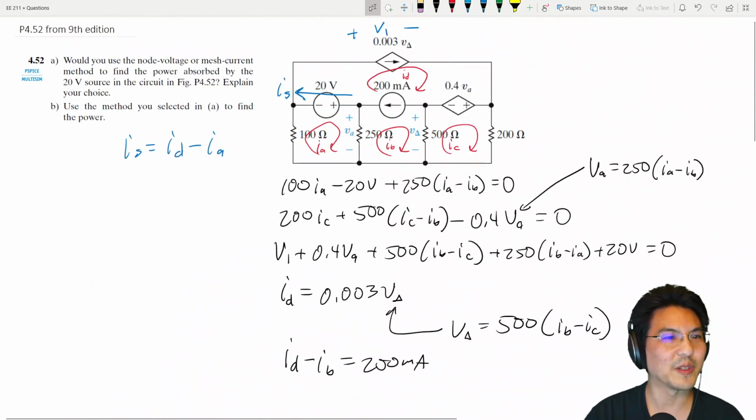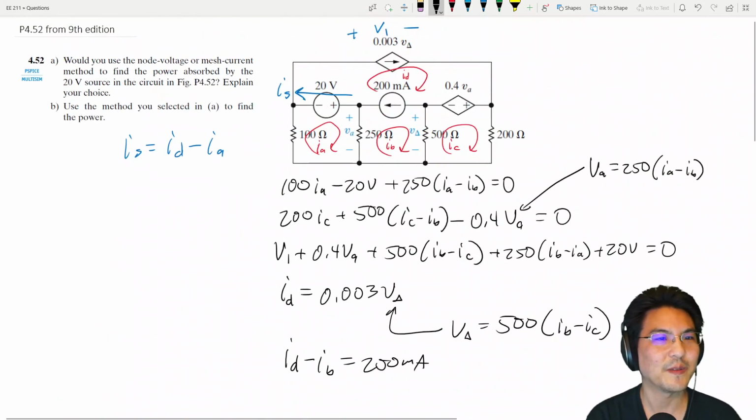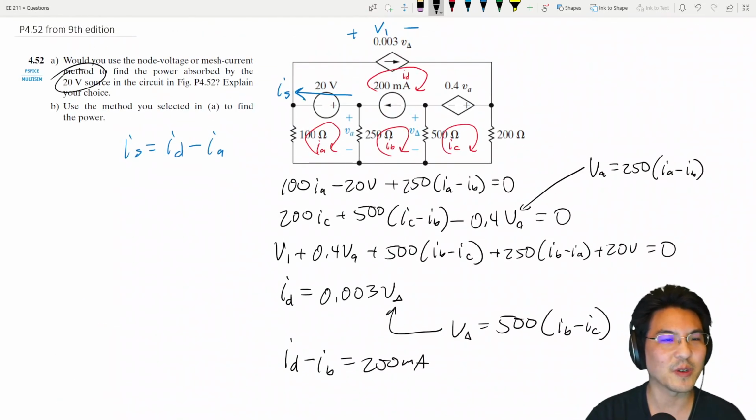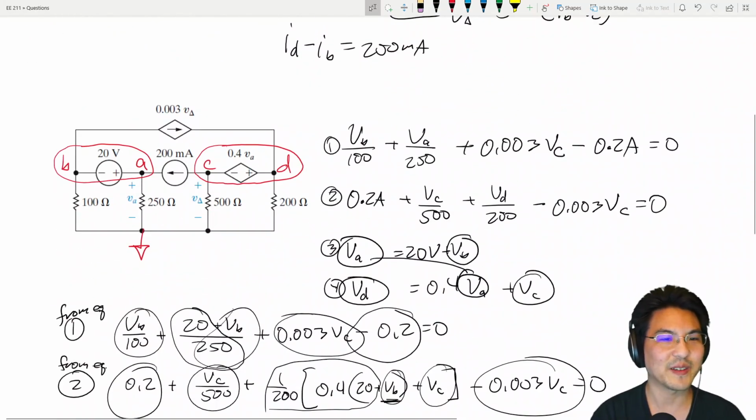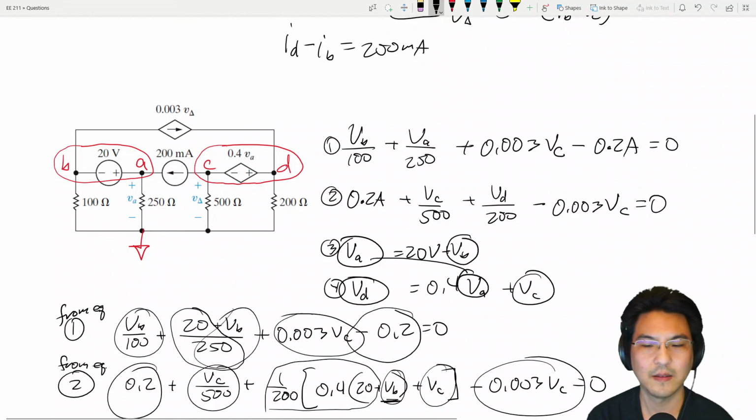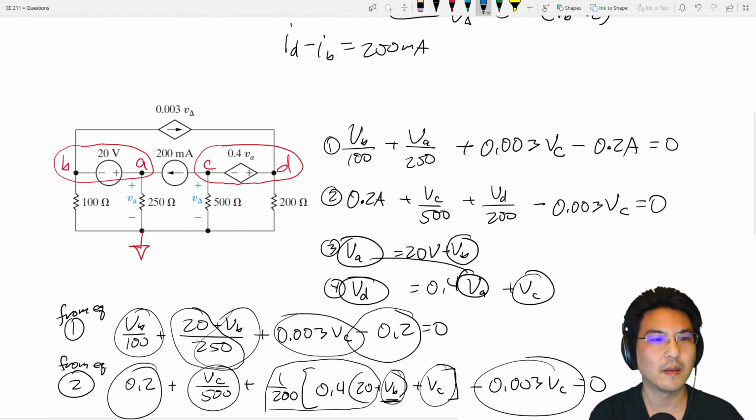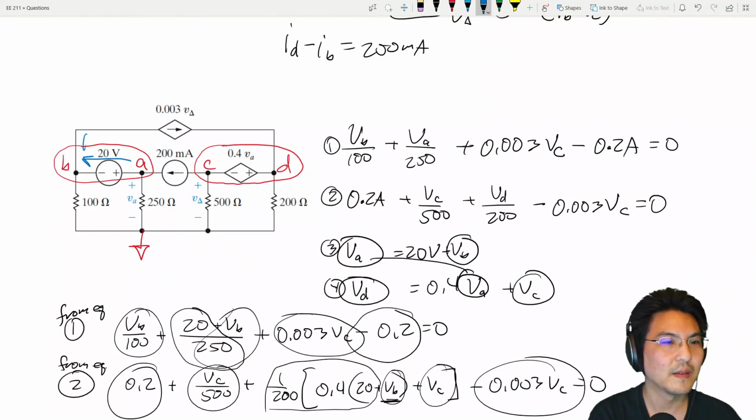Let me look at the original question. Okay, so find the power absorbed by the source. So we actually need the current here, right here, this current for the source.